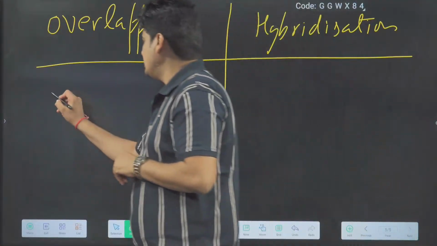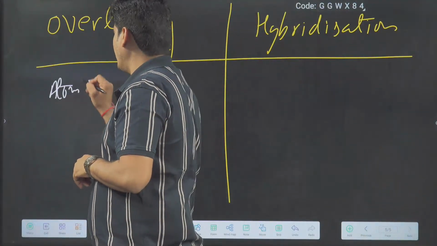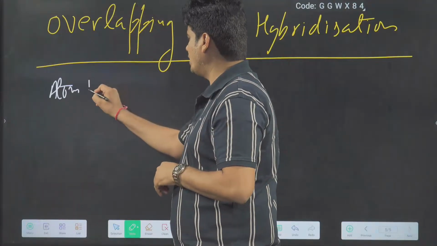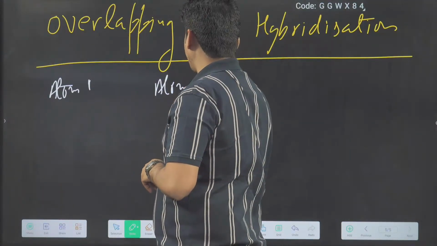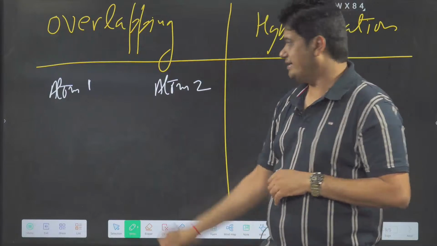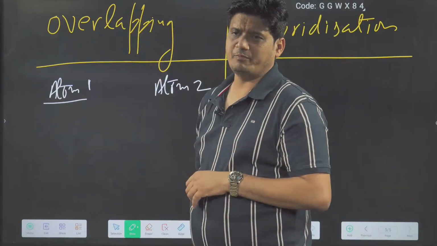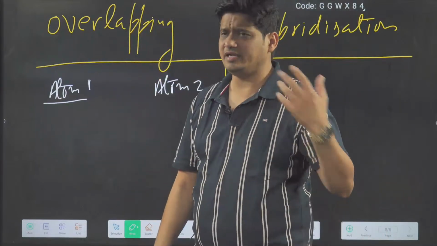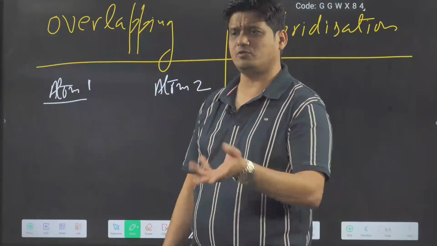For example, let's say we have atom 1 and this is atom 2. Atom 1 is providing some orbital, maybe s, maybe p, maybe d, or maybe a hybrid orbital sp, sp2, like that.